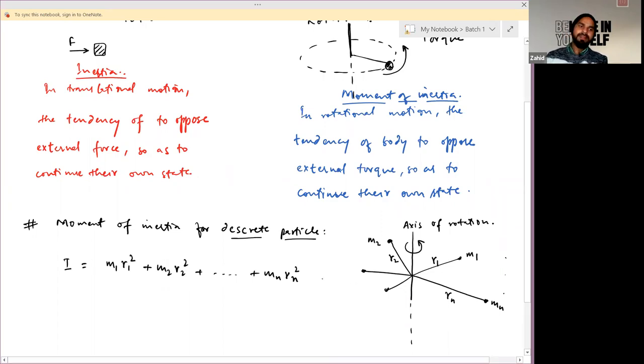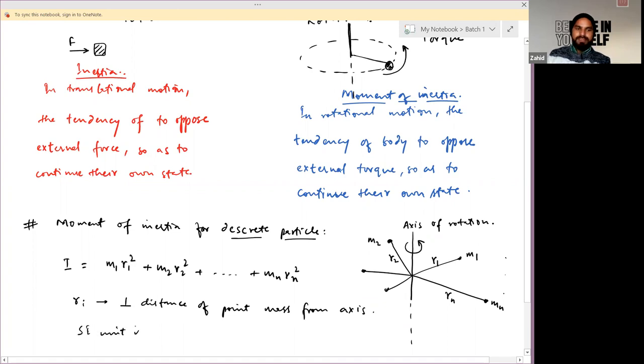Is it clear? So in this formula, R is the perpendicular distance of the point mass from the axis. So we can define its unit.